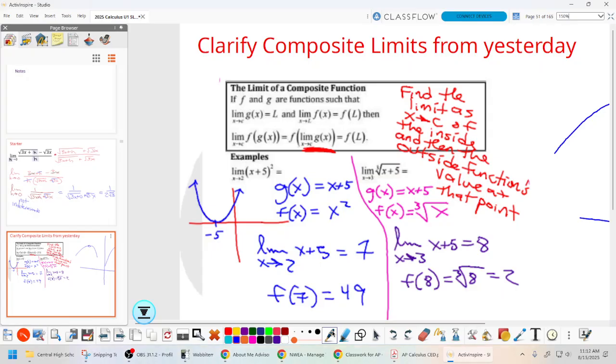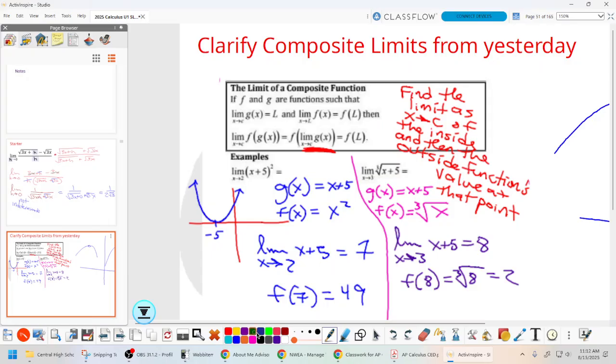Okay, and we're talking composite, limits of composite functions. We said find the limit as x approaches c of the inside and then the outside function's value at that point. But for that to be true, this has to be true, and this says that it's continuous there. Okay?